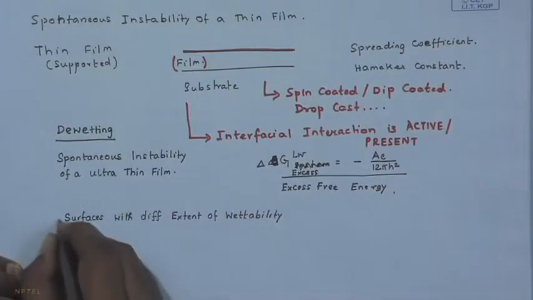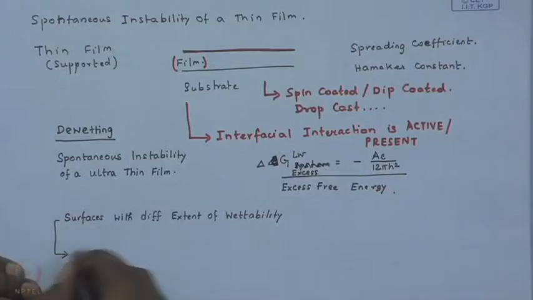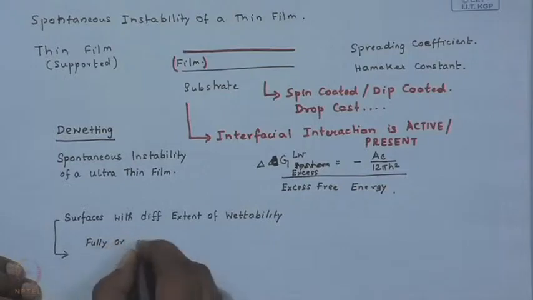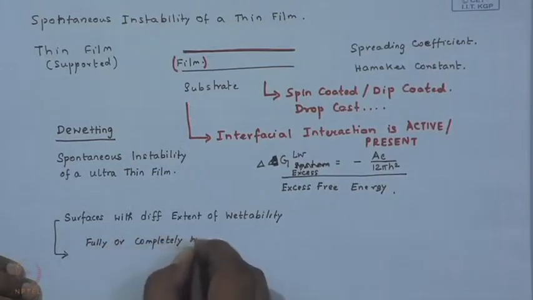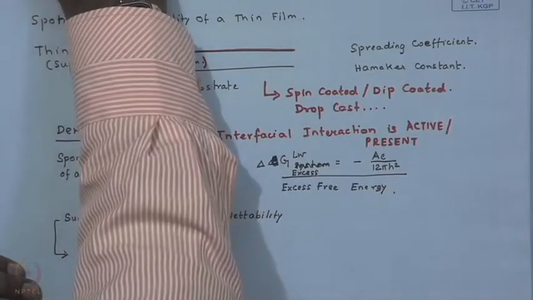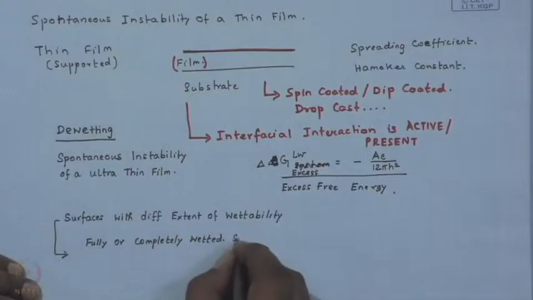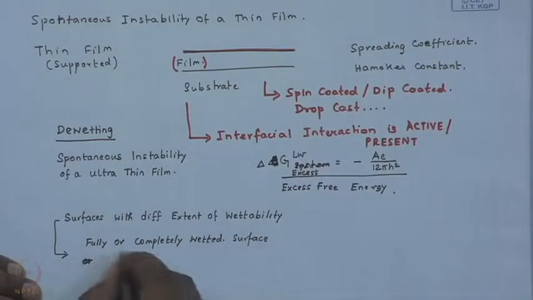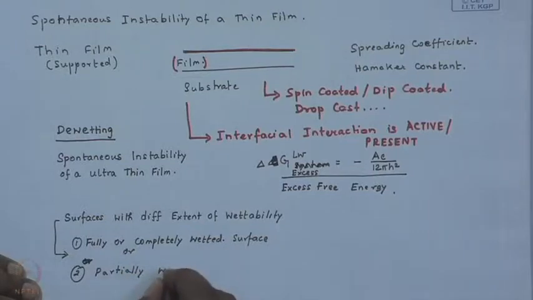So, based on that, a surface can be distinguished as a fully wetted surface or a partially wetted substrate.